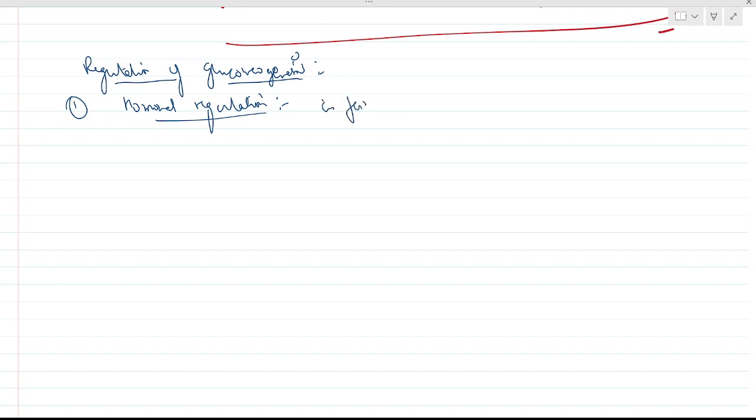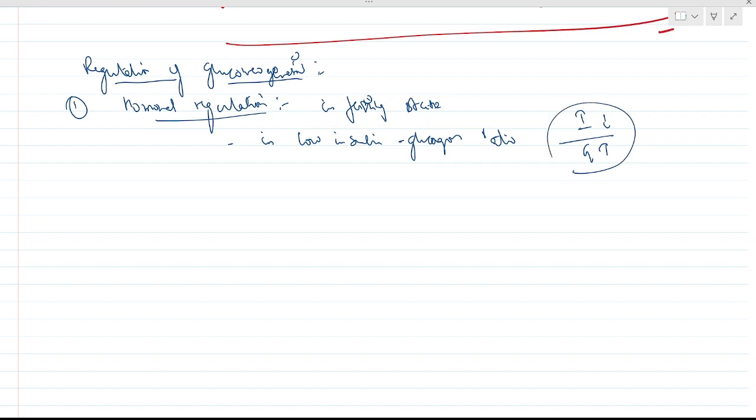In the fasting state, there is no food in the stomach for insulin to be released. So this takes place in a low insulin glucagon ratio. Insulin is low, glucagon is high here. So low insulin glucagon ratio.